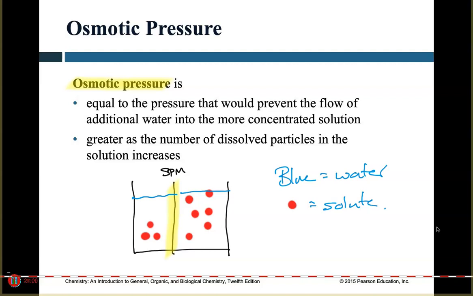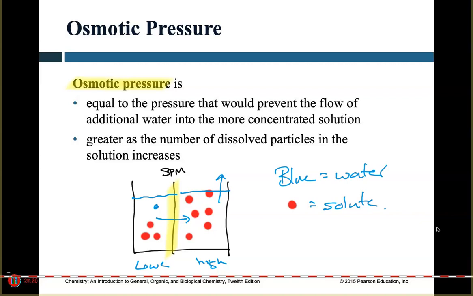What ends up happening, though, is this left-hand side is low concentration and this is high. To try and get them to the same concentration, water is going to move across the semi-permeable membrane, raising the level of water here.